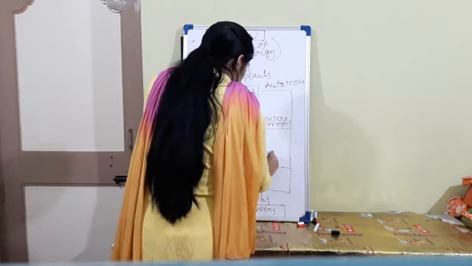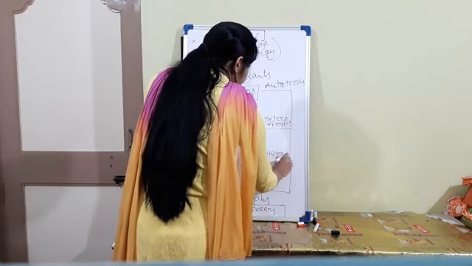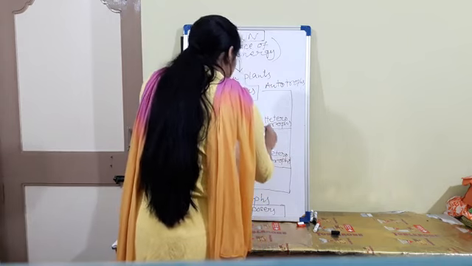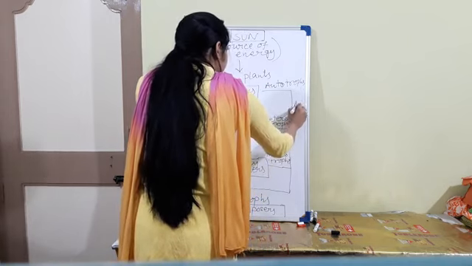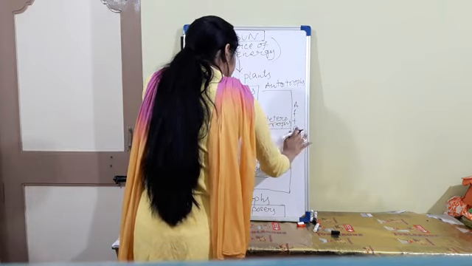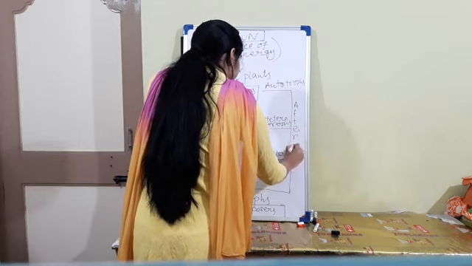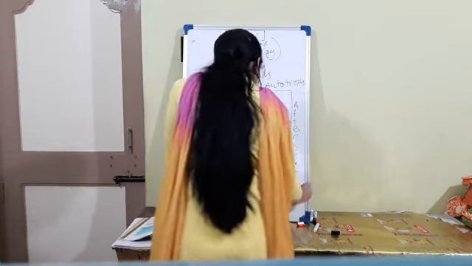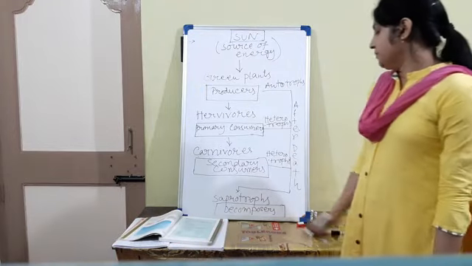The carnivores are also heterotrophs. After death, they are destroyed by the saprotrophs.